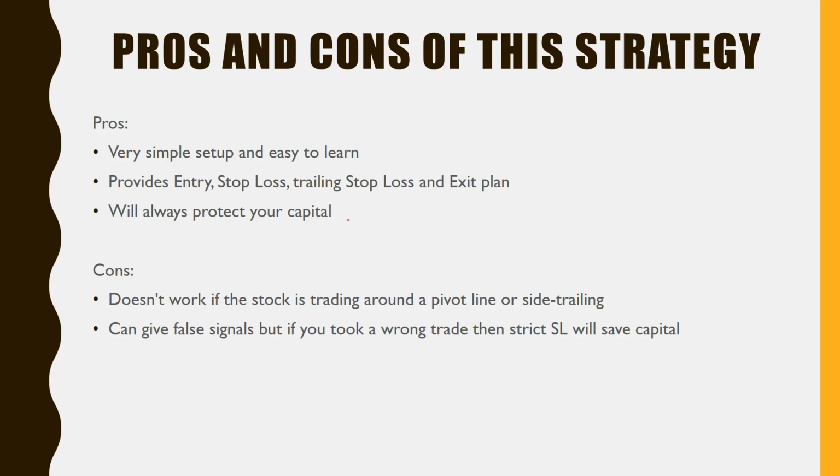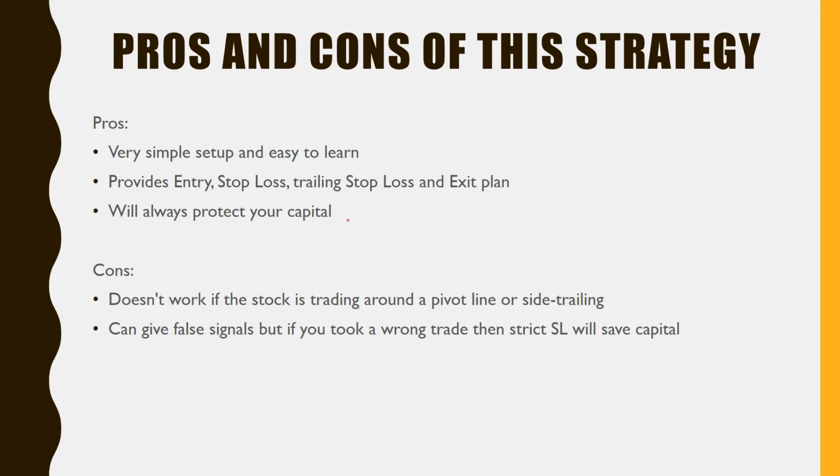Instead of keeping a stop loss really low, let's say in Hindalco you kept a stop loss of 5 rupees, which is totally unnecessary, and keeping that amount of stop loss will slowly eat away your capital.